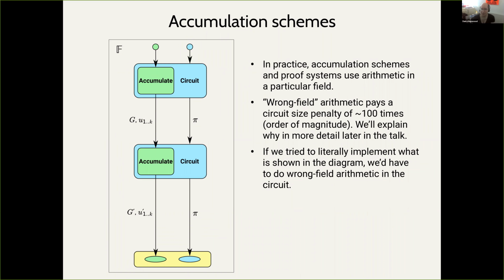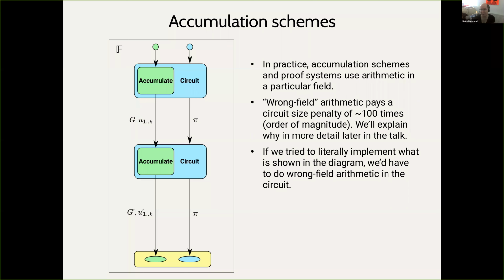So there are some complications to doing this in practice. This diagram here shows schematically the basic idea of an accumulation scheme. In each step you have a circuit, and part of that circuit checks the previous accumulator and produces a new accumulator.